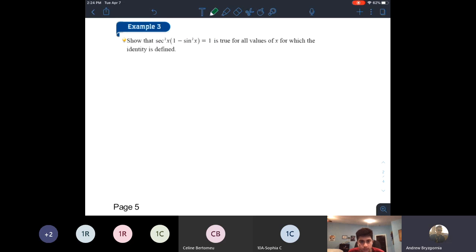And my recommendation for this is to think of our Pythagorean identities. So what is one Pythagorean identity from yesterday that you remember?